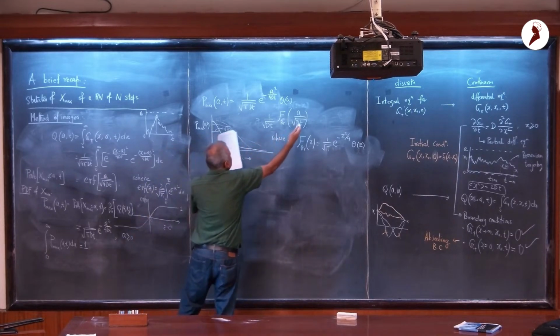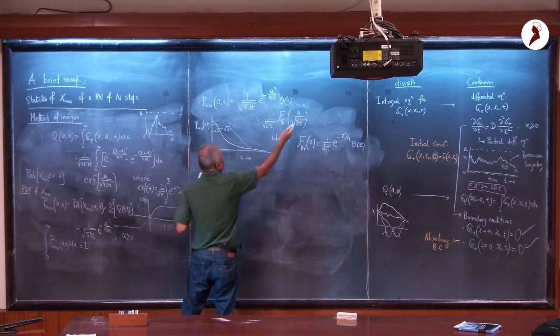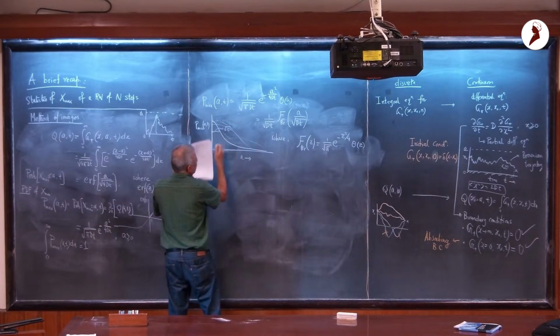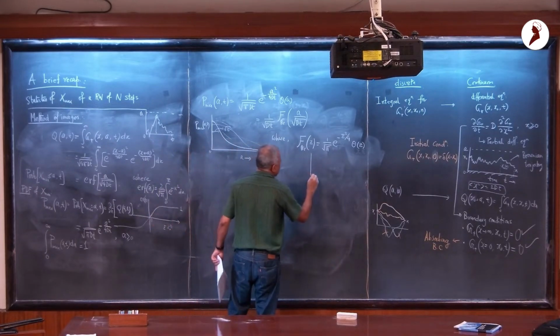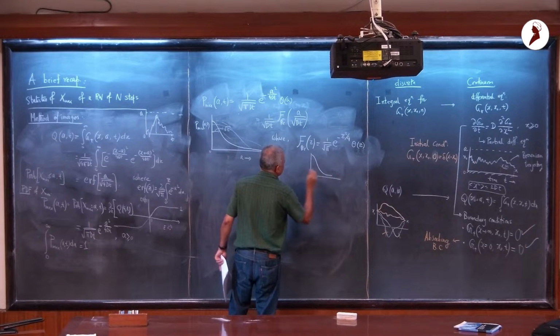But if you scale your x-axis a by square root of Dt, they will all fall onto the same curve, and this curve is precisely this function here, which is a single function.